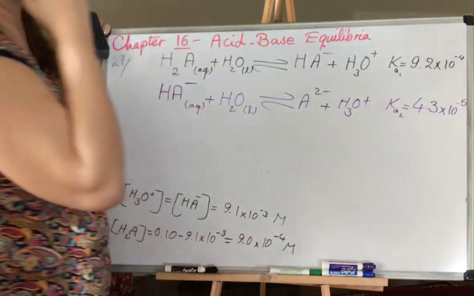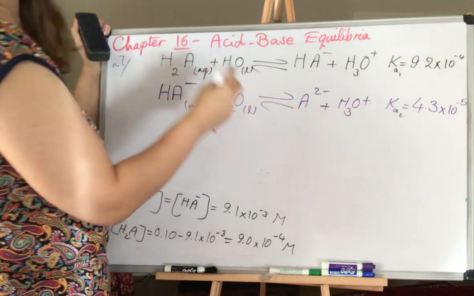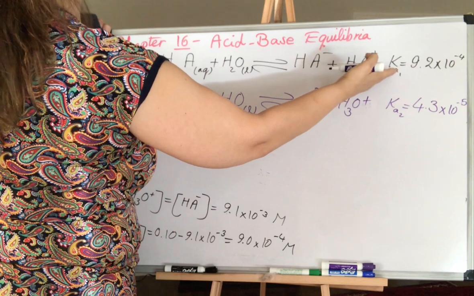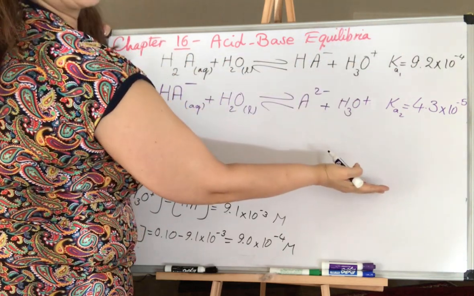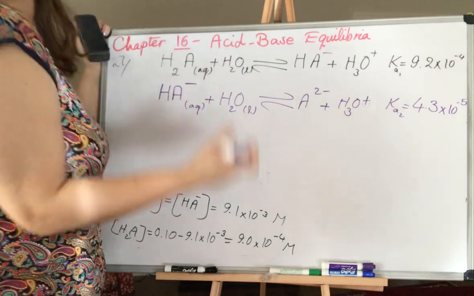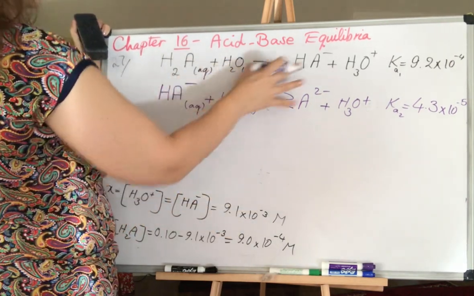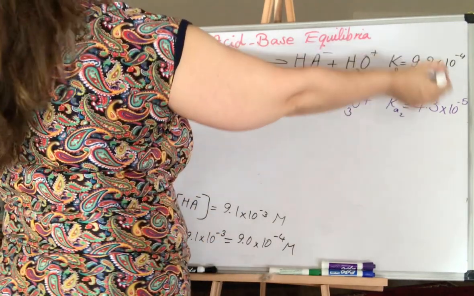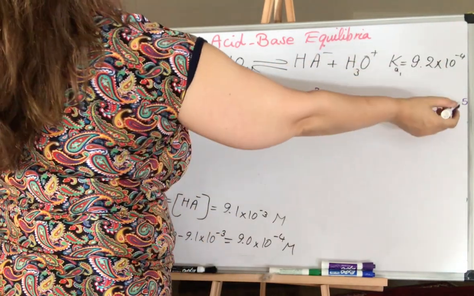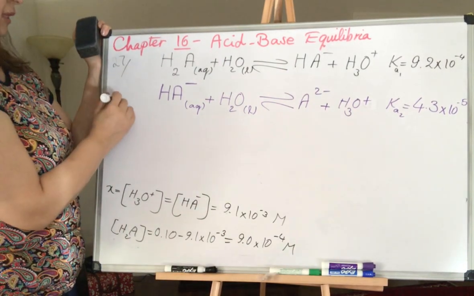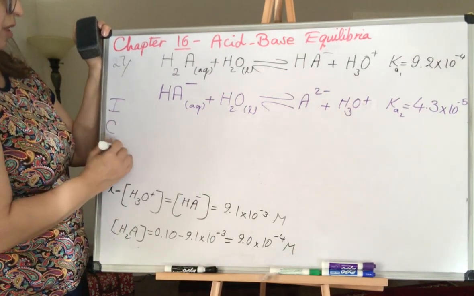When you have more than a monoprotic acid, more than one acidic hydrogen, Ka1 is normally larger than the rest of the Ka values. It means that the fresh acid is stronger, and by losing hydrogen, it loses its acidic strength. Anyway, let's build the second ice table.